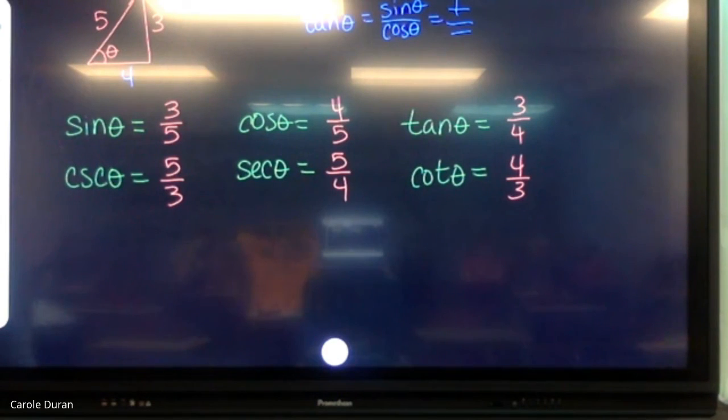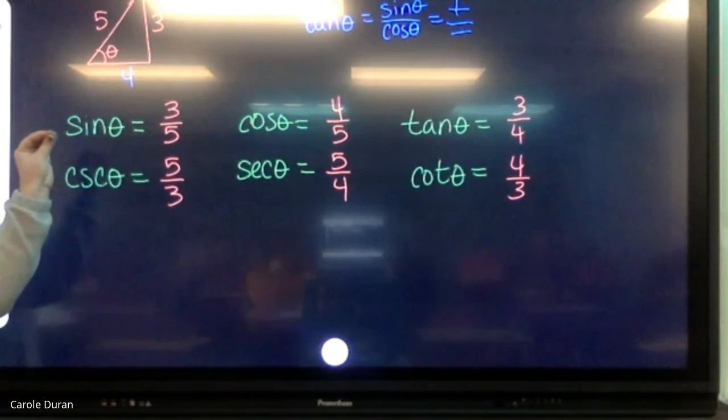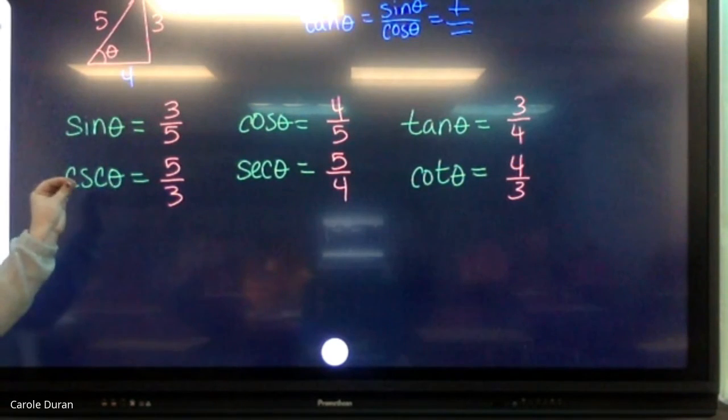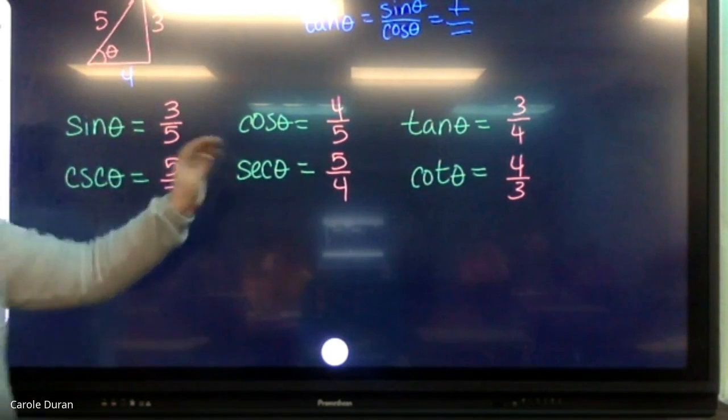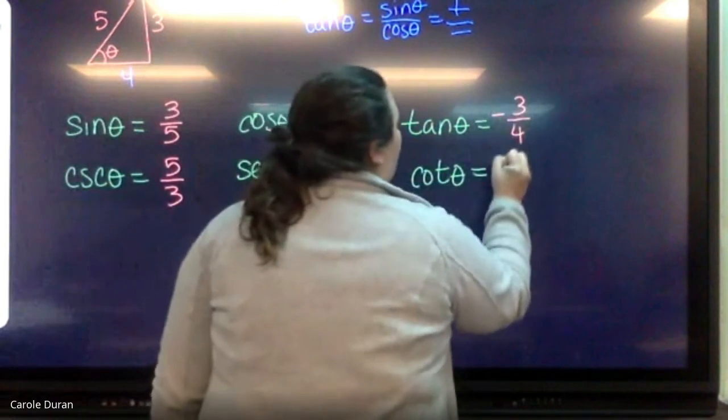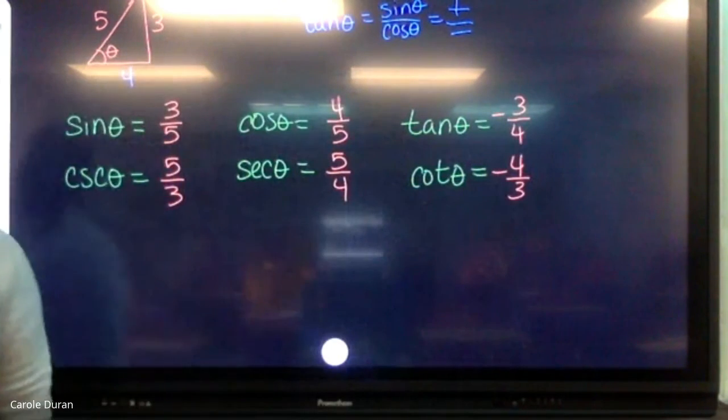Okay, did we all get our 6 trig functions written? From the problem, I knew that sine was positive, which means cosecant is positive, and I knew that tangent was negative, which means that cotangent also has to be negative.